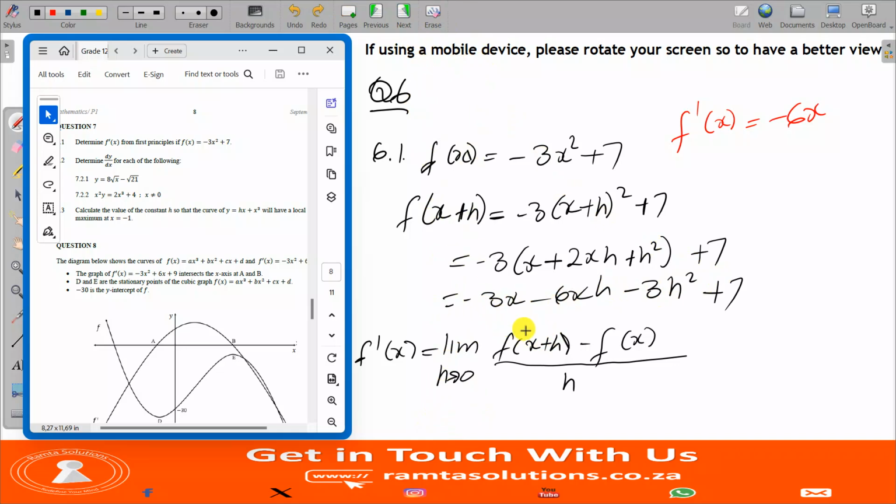Sorry, we made a mistake here, guys. We're supposed to have said x squared. Remember, this is the FOIL method: it's x squared plus 2xh plus h squared. So it's minus 3x squared.